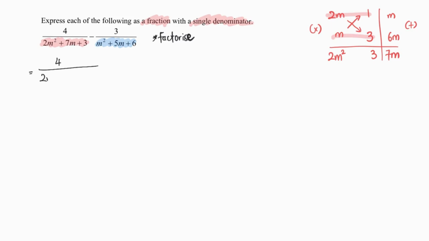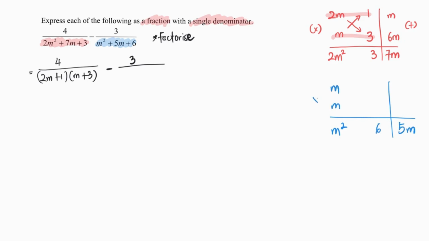4 over 2m plus 1, m plus 3. And I'm going to do the same for m squared plus 5m plus 6. So you can see that I'm going to do the rough working at the side. M squared, and 6, and we have positive 5m, so m times m.